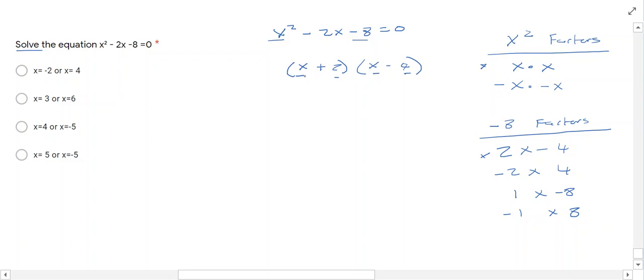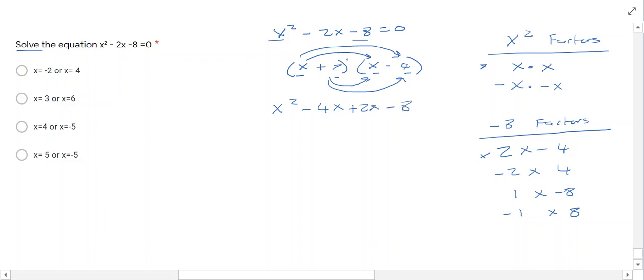The way you multiply it, each term is multiplied by each term. So x by x gives us x squared. x by minus 4 gives us minus 4x. Plus 2 by x gives us plus 2x. Plus 2 by minus 4 gives us minus 8.